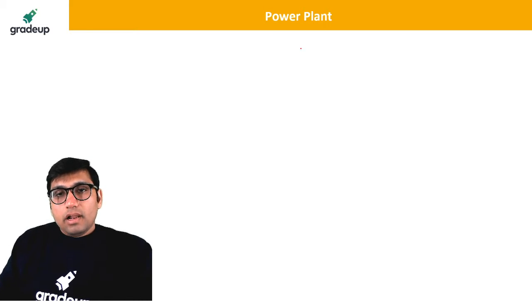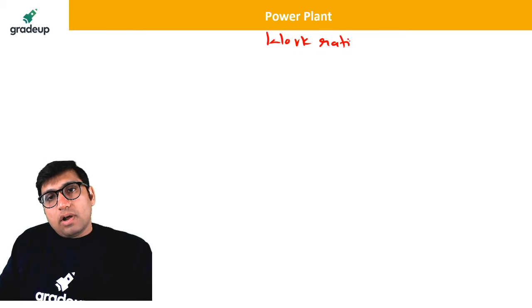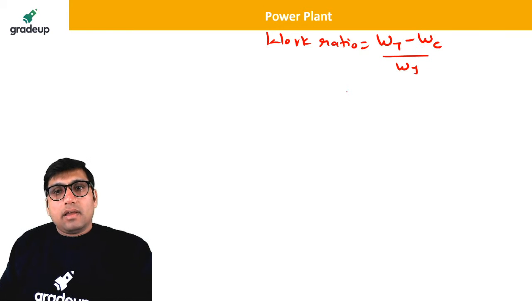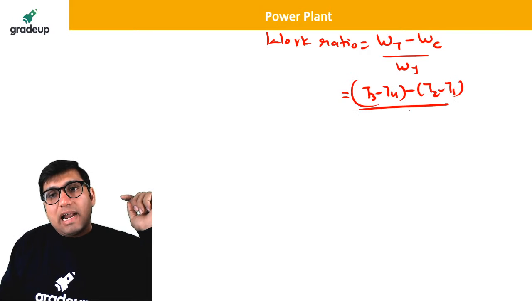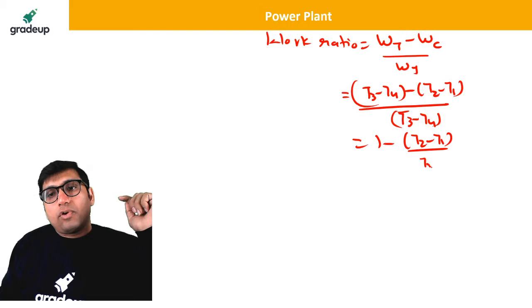Now I have to tell you that work ratio, which was equal to turbine work minus compressor work divided by turbine work. You know that turbine work will be equal to T3 minus T4 and compressor work will be T2 minus T1. If you want, you can write it in this form, T2 minus T1 divided by T3 minus T4.